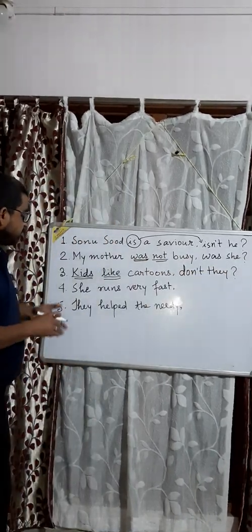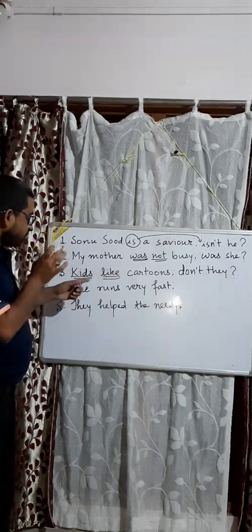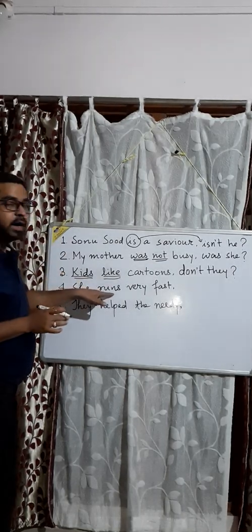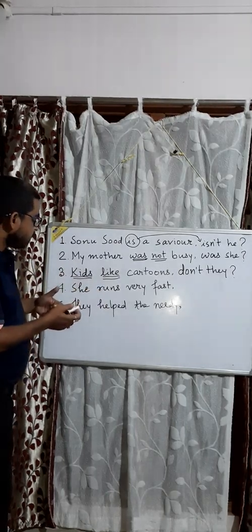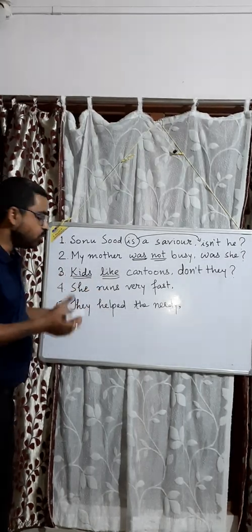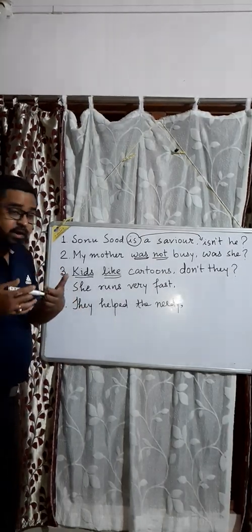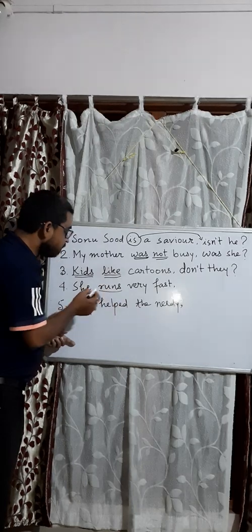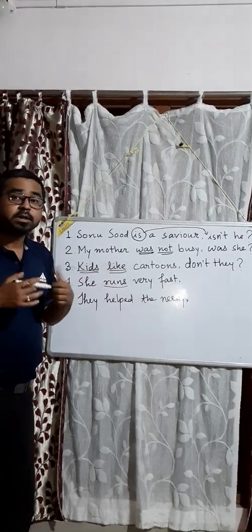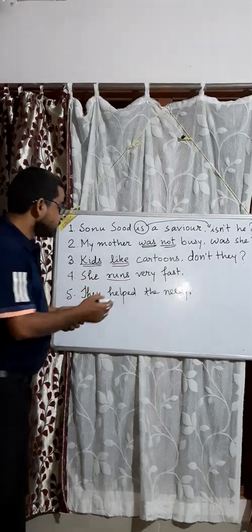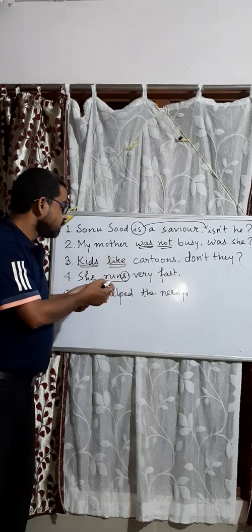Now, let us come to the fourth statement. Let us apply the steps here. This is definitely a positive statement. Next step, we have to find the auxiliary verb, which unfortunately we do not have here. So, we have to find the main verb. So, this is our main verb. And now, next thing that we have to do is that we have to identify its tense. Since s is added to this verb, this is in present tense.